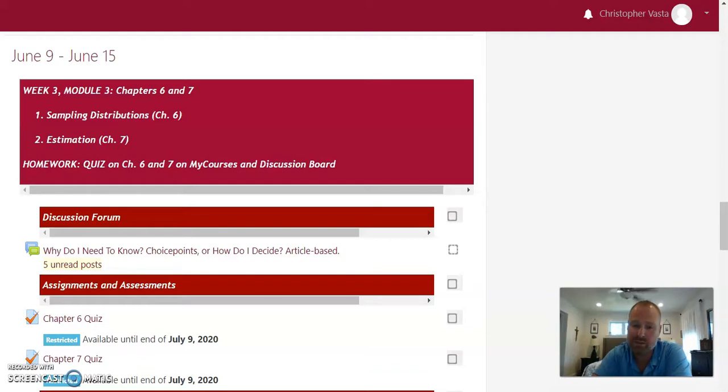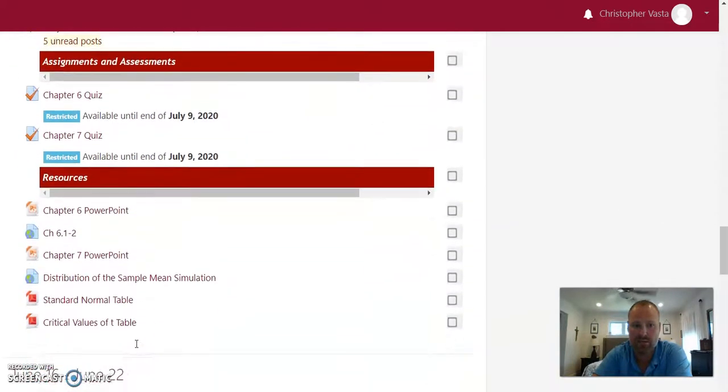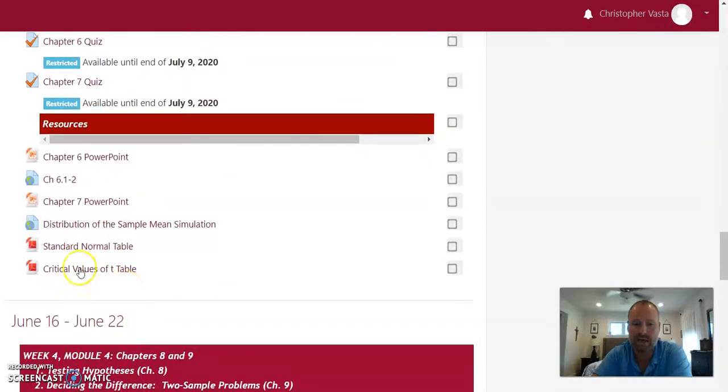What we need to do is go to My Courses, and find the week that we're currently in, chapters 6 and 7. And if you scroll down, you're going to see 2 tables here. We're not using the critical values of t yet, but what we are using currently is a standard normal table.